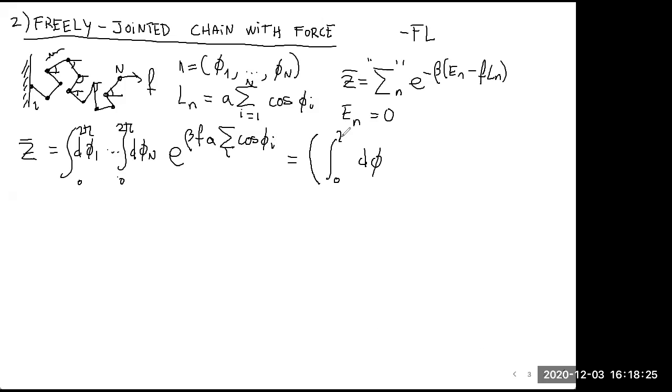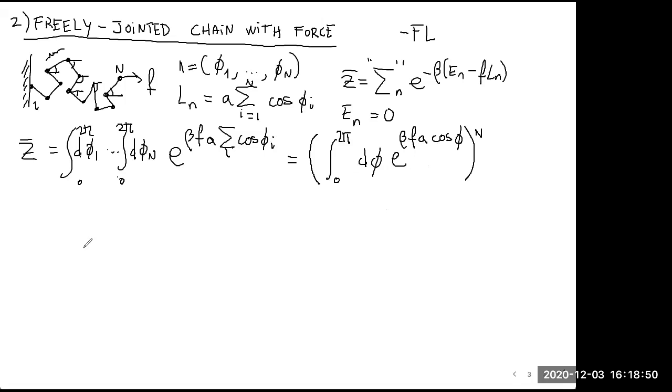Okay, this is 0 to 2 pi of d phi, and then it's e to the beta f a cos phi, to the power of n, because we have n. All right. So now my question is, can we do this integral?